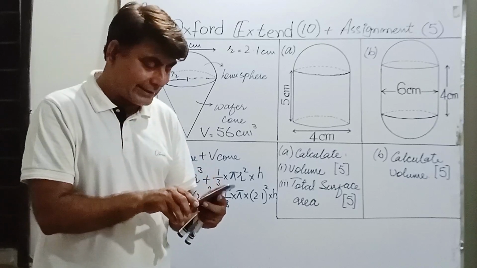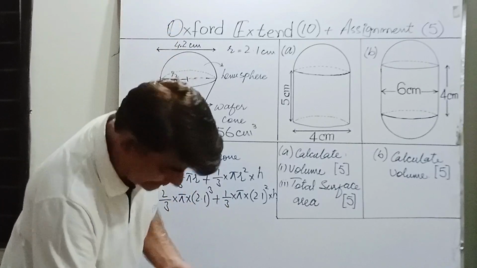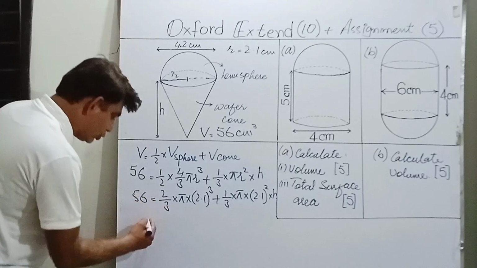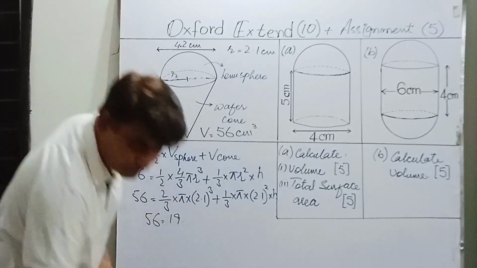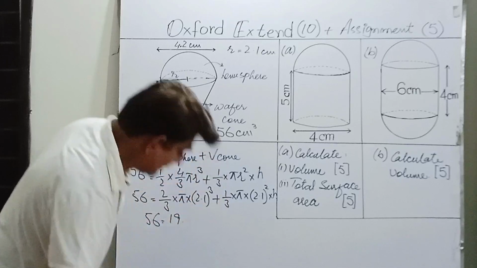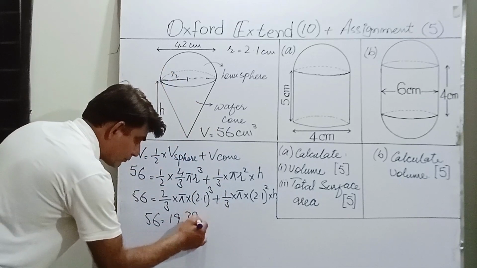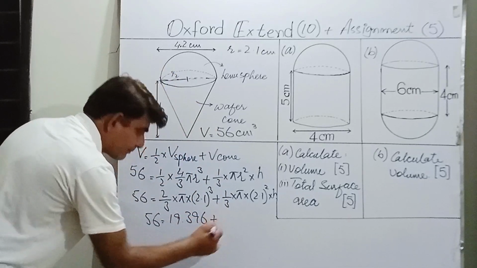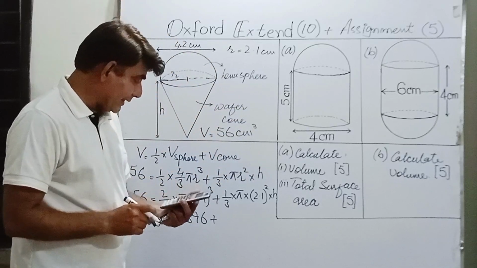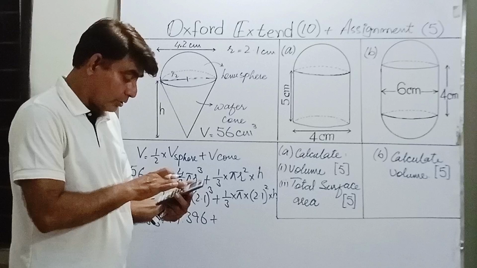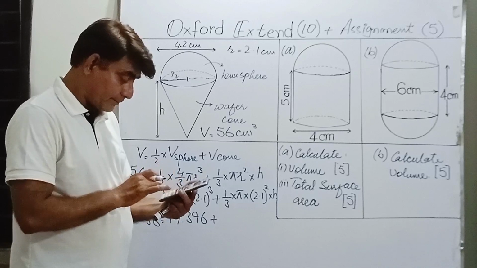Right now I'm writing 19.396. So 56 would be equal to 19.396 plus, now, 1/3 of pi times 2.1 square.